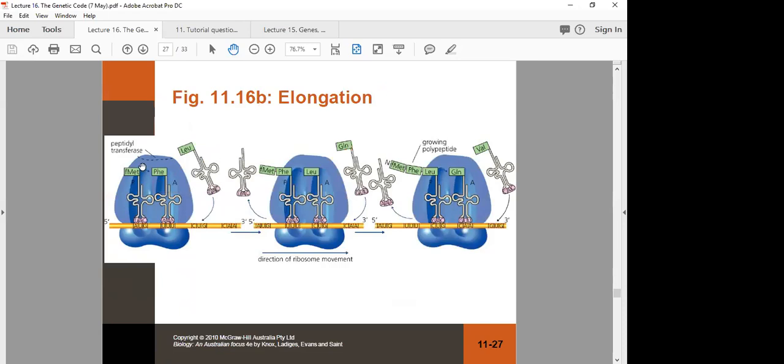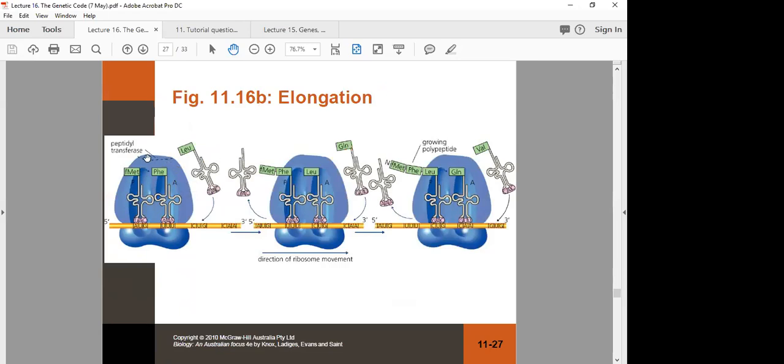So now we've got two amino acids that are going to start making up this new polypeptide, but they have to be joined together. And you might remember that amino acids are joined together by bonds that are called peptide bonds. Okay, so what catalyzes the formation of that peptide bond?